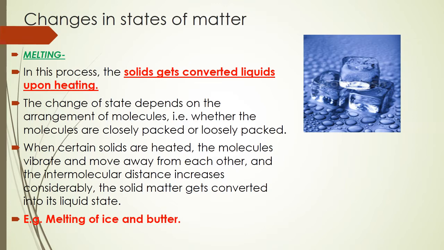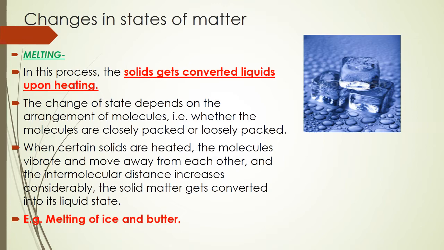So the first term that we are going to study is melting. Now, in this process, what happens? The change of state of a substance depends upon the arrangement of its molecules. Now, if the molecules are very closely packed or loosely packed, what happens when certain solids are heated?